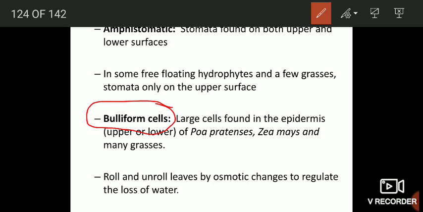For example, during dry spells of summer, when there is least amount of water available in the atmosphere, the bulliform cells lose water, they lose turgidity, and this loss of turgidity helps them roll the leaves. Leaves roll up, and this rolling of leaves helps to prevent the loss of water through transpiration.